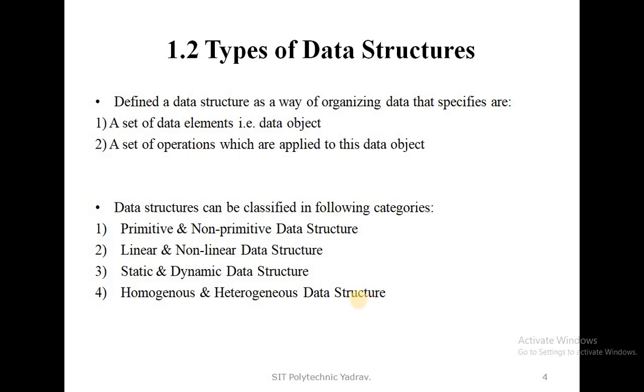In that, study only linear and non-linear data structure because this is the only syllabus for you. Actually, the categories of data structure, or on which basis they are classified, are listed above. In that, important is only linear and non-linear data structure. Others are only for understanding purpose, we added them.